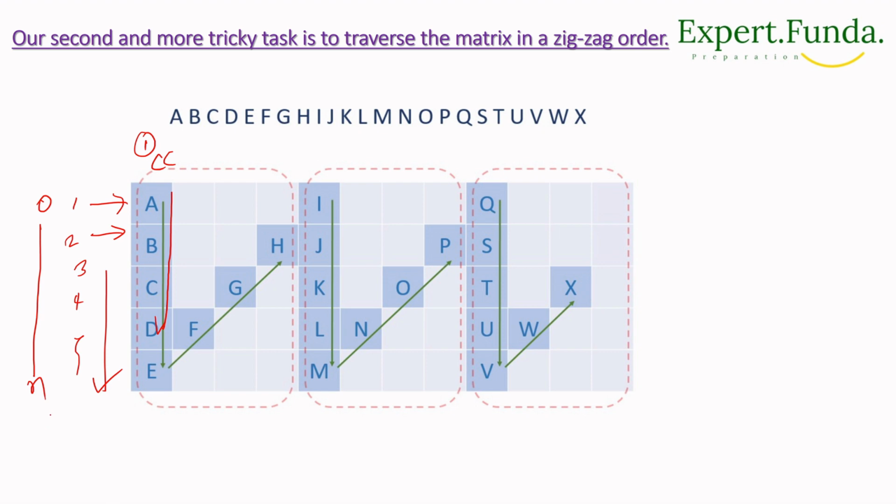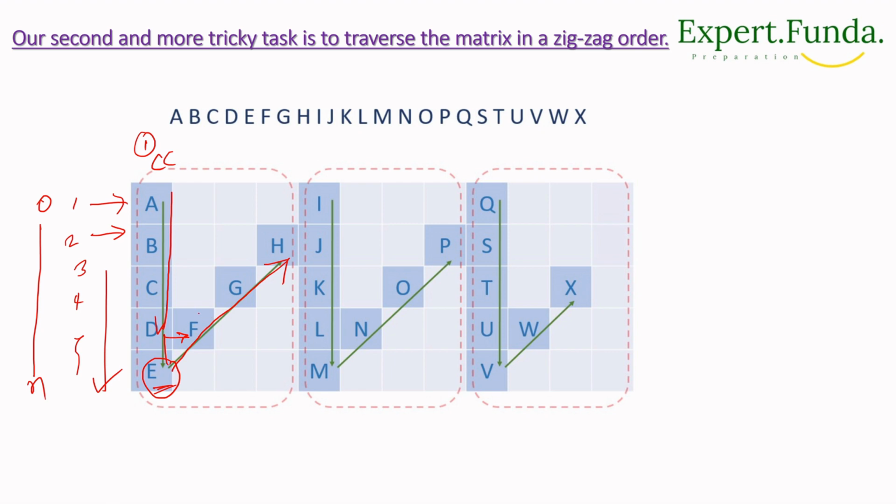So while moving down we are here. What we have to do is move diagonally up. We will move one cell up first, and then one cell right.